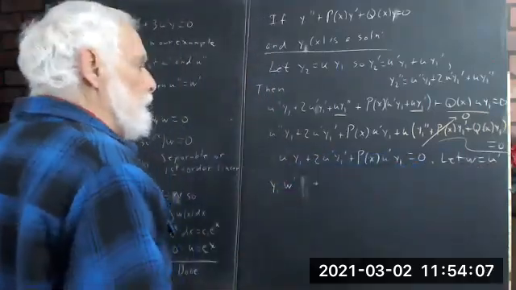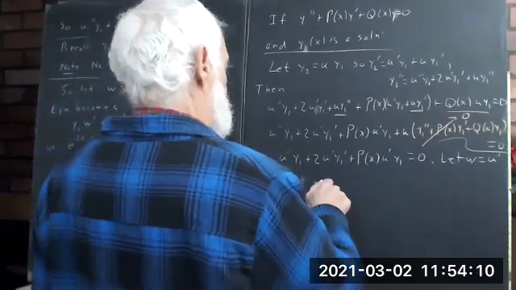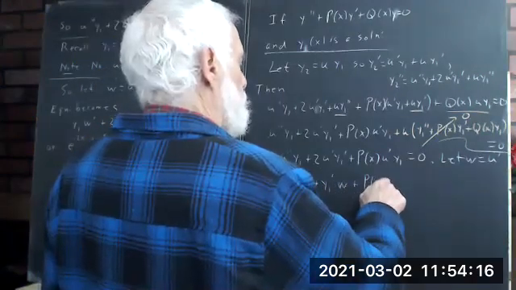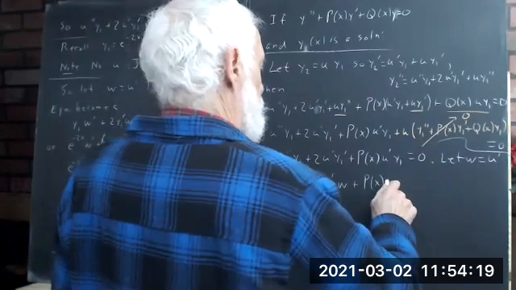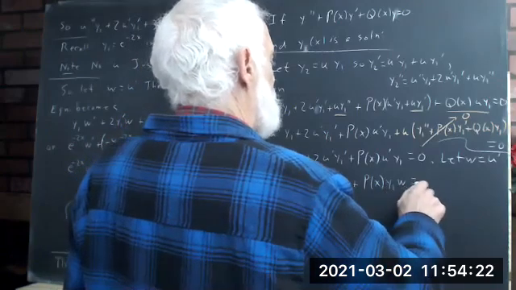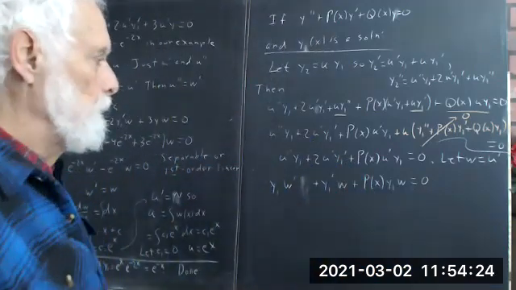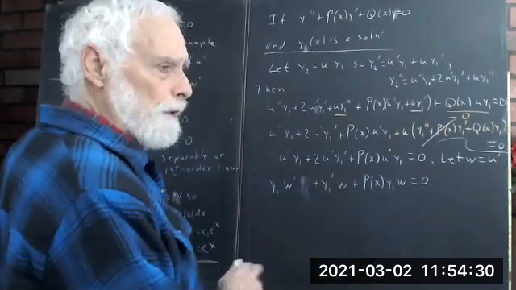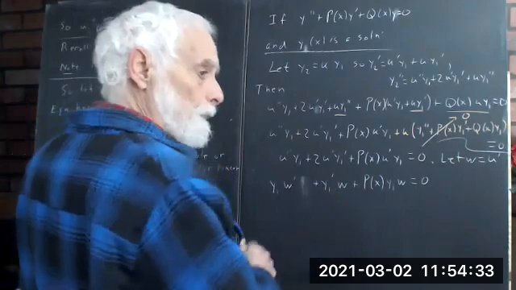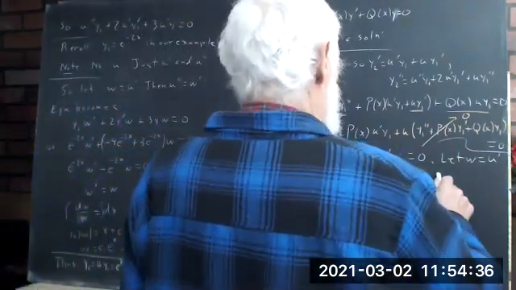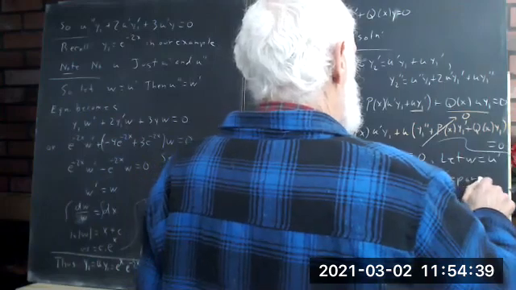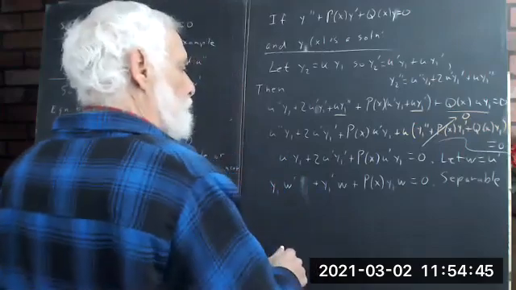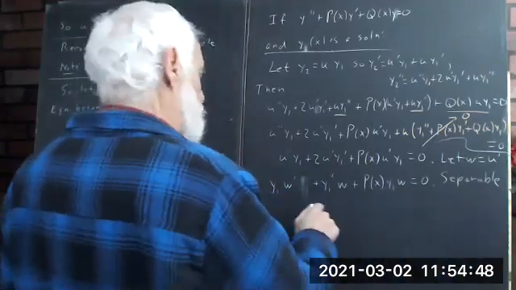So there we have it, and then plus 2 y1 prime w plus big P of x y1 w equals 0. And this is, again, a separable equation in w. Now we simplify it one step, and what I'm going to do is take my w terms and throw them on the right side.